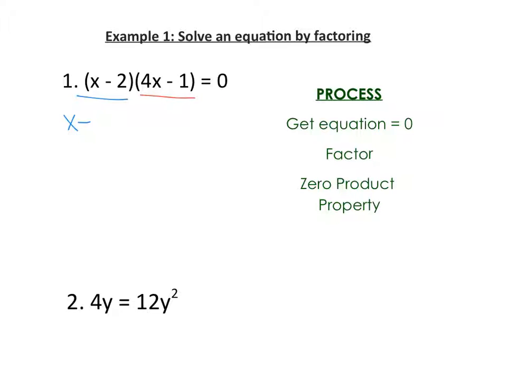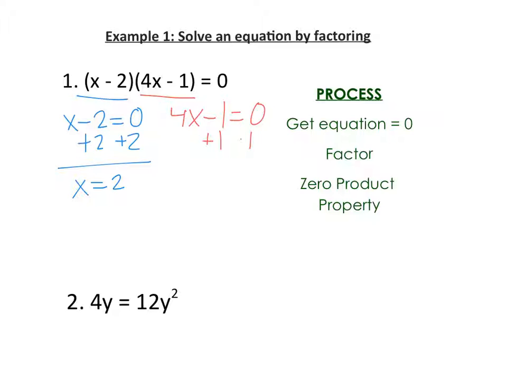So I'm going to set x minus 2 equal to 0, and then I will also set 4x minus 1 equal to 0 because I have two separate factors here. They're in their own parentheses. So I'll solve for x and add 2 to both sides and get x equals 2. And then here I'll add 1 and then divide by 4.